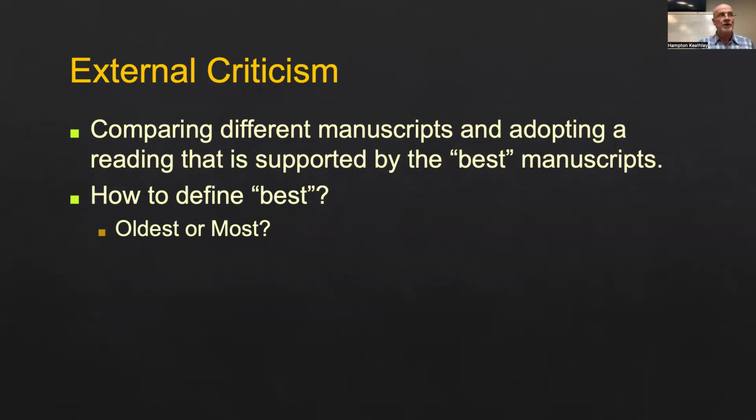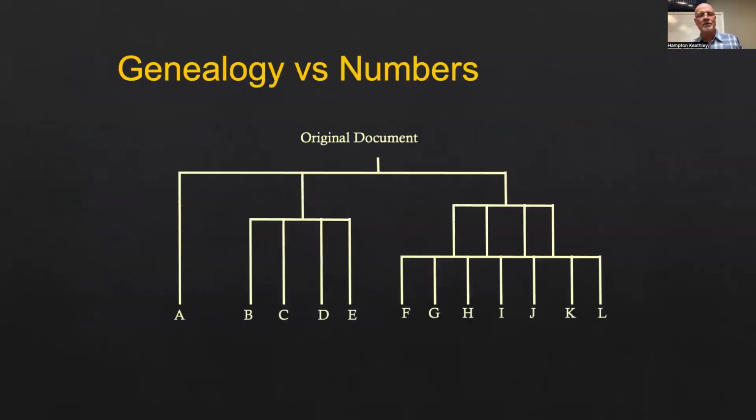Thoughts? What do y'all think would be best? Both? Sometimes. Yeah, let's go to the next slide here. This is not Alexandrinus and Vaticanus, and that's not what the A and B are, this is just letters.